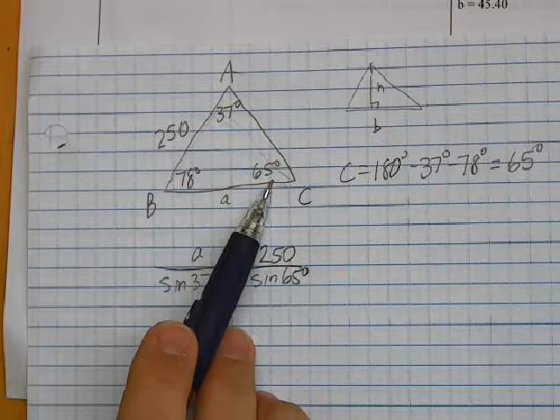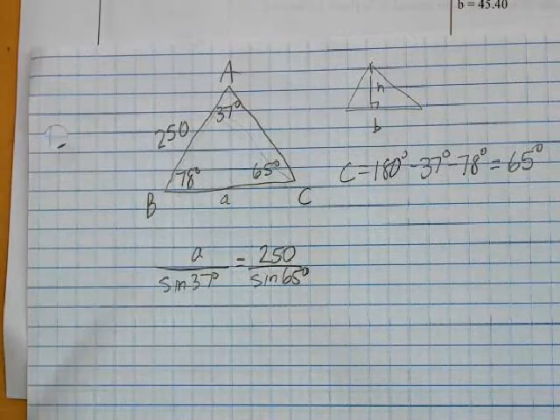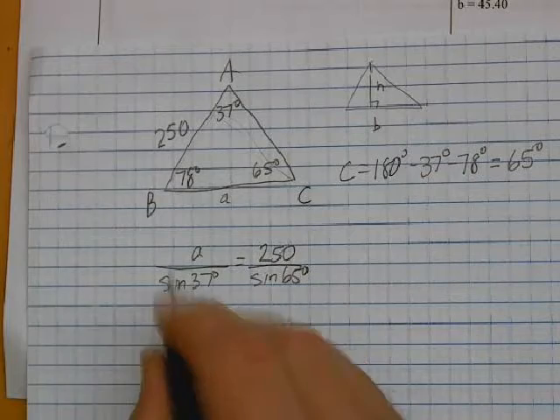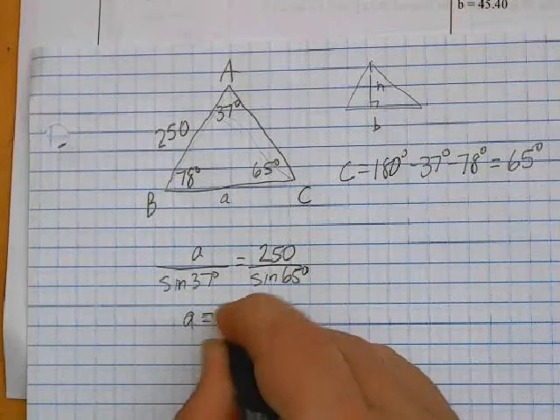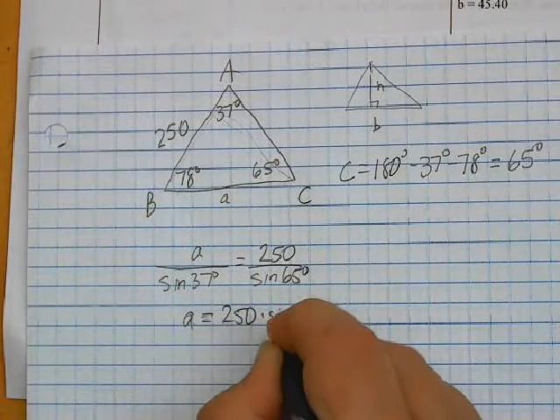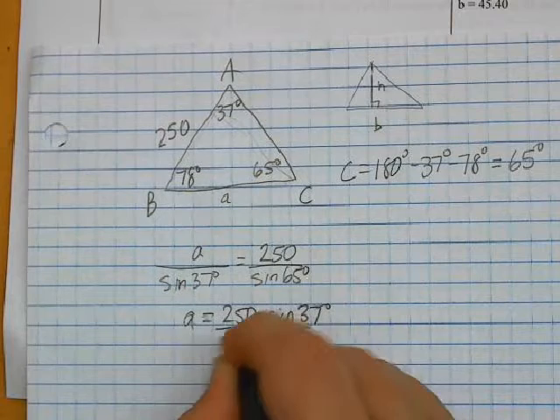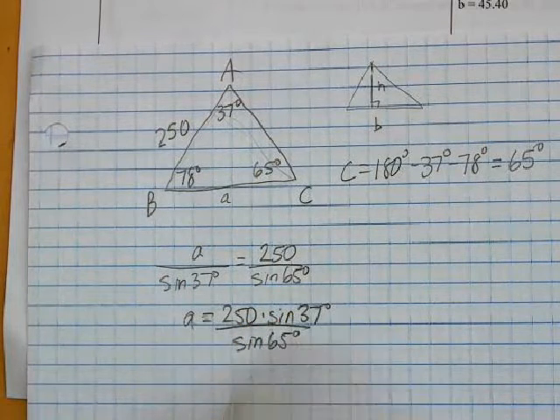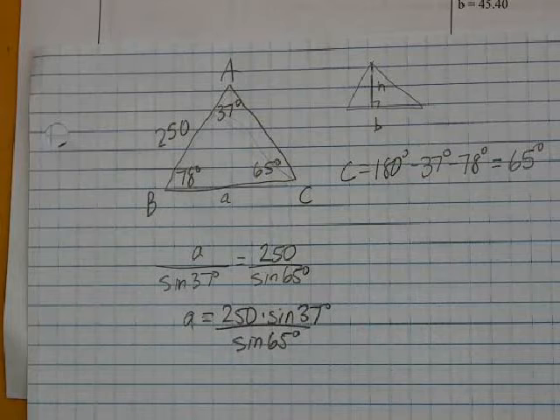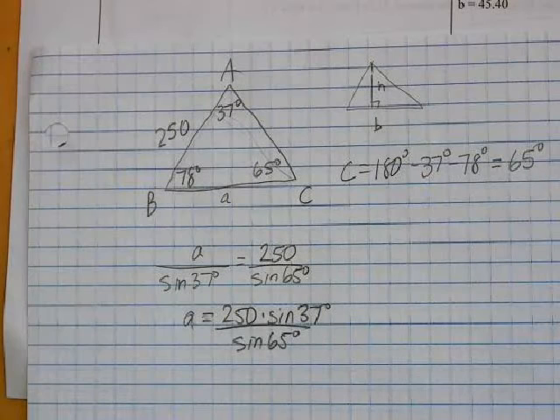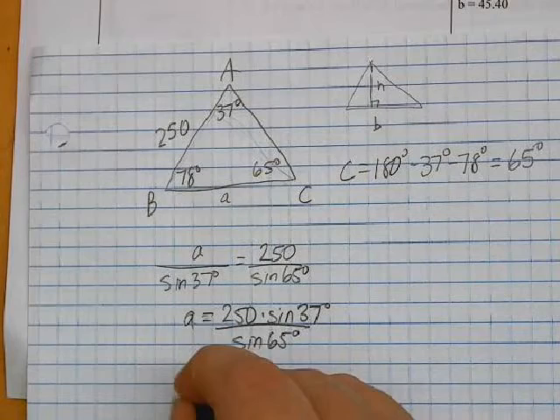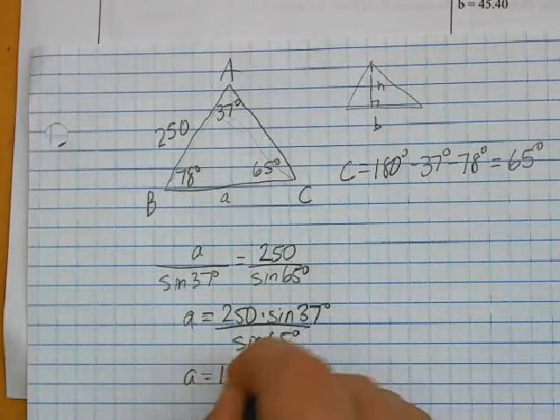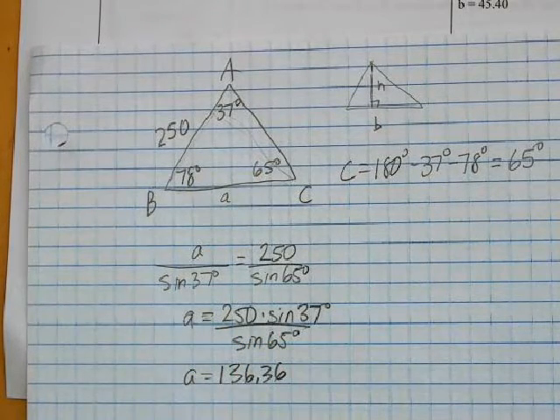So notice the side angle pairs, 250 over sine of 65 equals A over the sine of 37. So A is about 136.36.